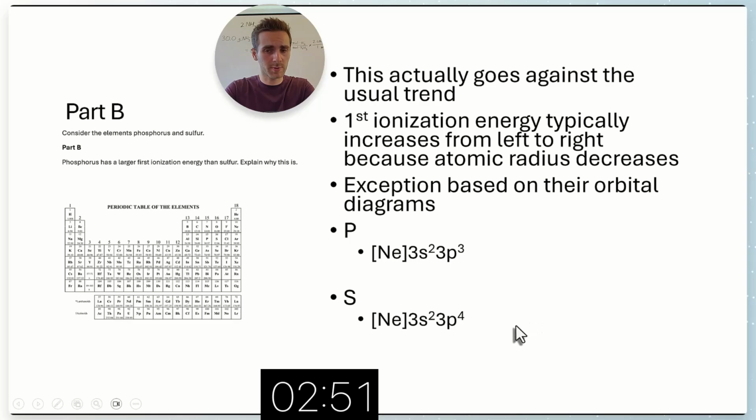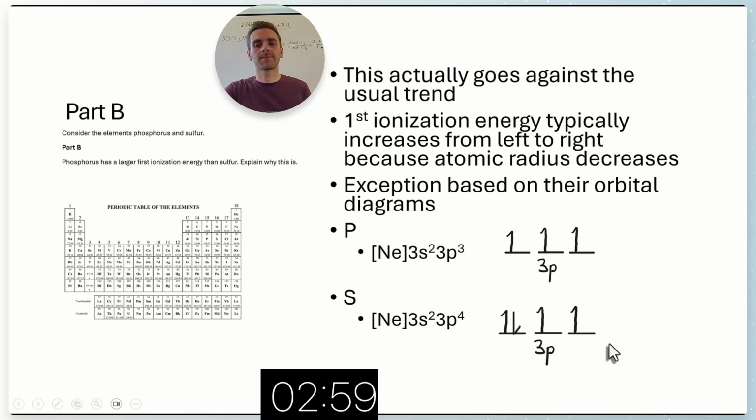And if we draw the orbital diagrams of their 3p orbitals, this is what phosphorus would look like, and this is what sulfur would look like. So phosphorus has an especially stable orbital diagram, having a half-full 3p sublevel with 1 electron in each of the 3p orbitals. That is relatively stable.